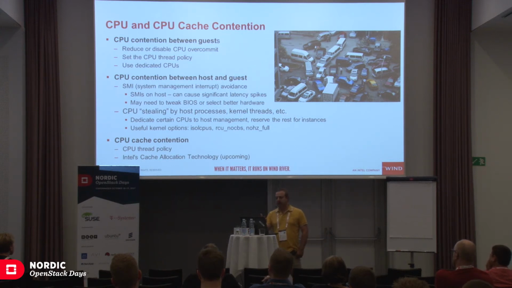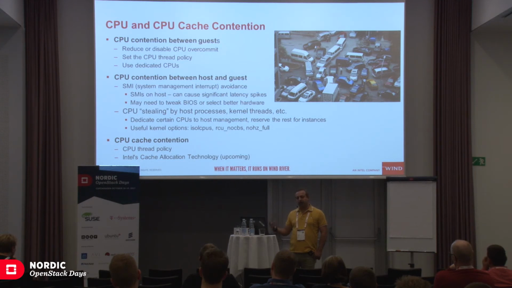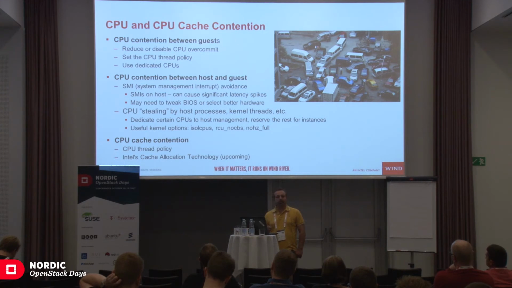So to avoid this, we reduce or disable the CPU overcommitment. In this case, we can dedicate the CPU for the instance so that nobody else can use it. Or if you are using hyper-threading, you can use the CPU thread policy to make sure that those sibling cores are used by one VM and not shared between others.